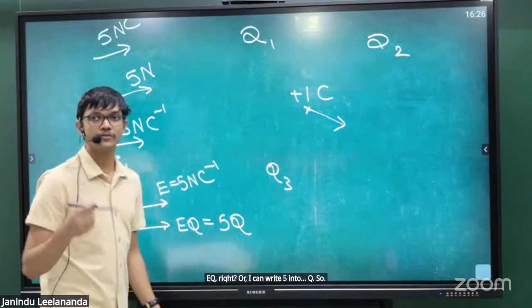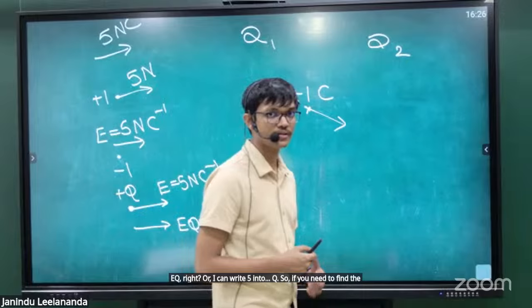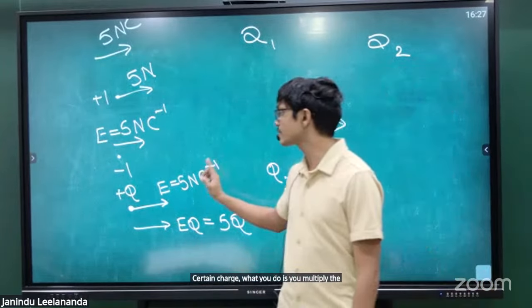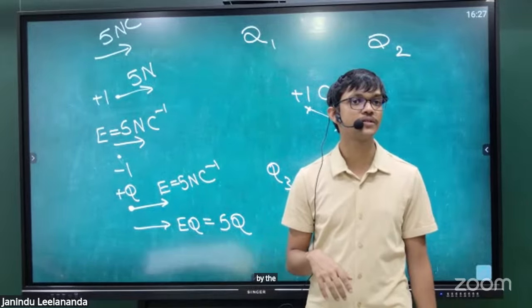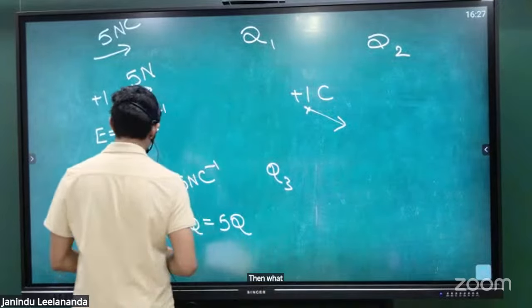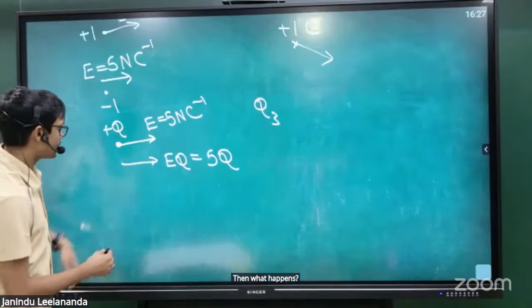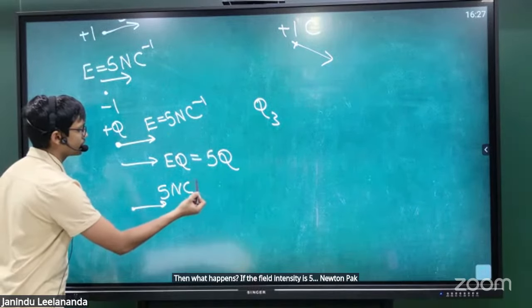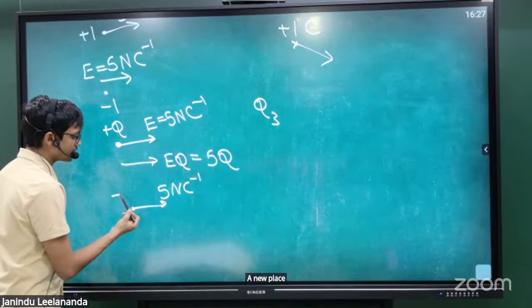So if you need to find the force exerted on a certain charge, you multiply the field intensity by the charge, EQ. Then what happens if the field intensity is 5 Newton per coulomb and you place a minus charge, minus Q?